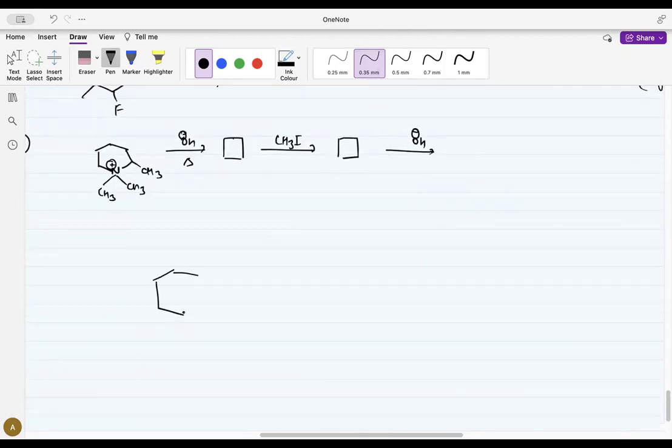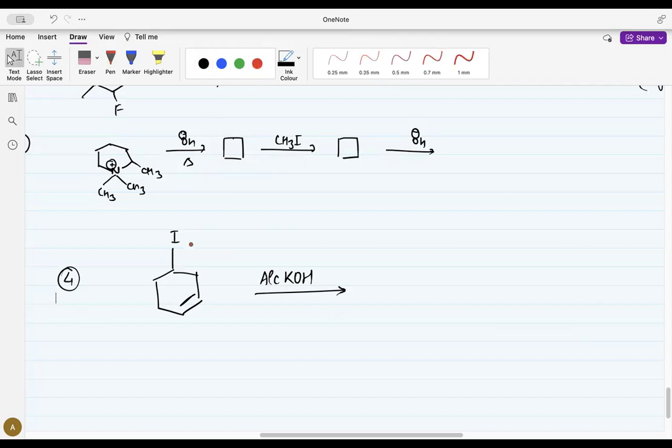So I have here iodine and I have a double bond here. So if I put in this reaction alcoholic KOH, see the fourth question, how to do it. Let's say this is alcoholic KOH, this is the alpha carbon, this is one beta carbon, and this is another beta. So it can take hydrogen from this side, make a double bond here. It can take hydrogen from this side, make a double bond.